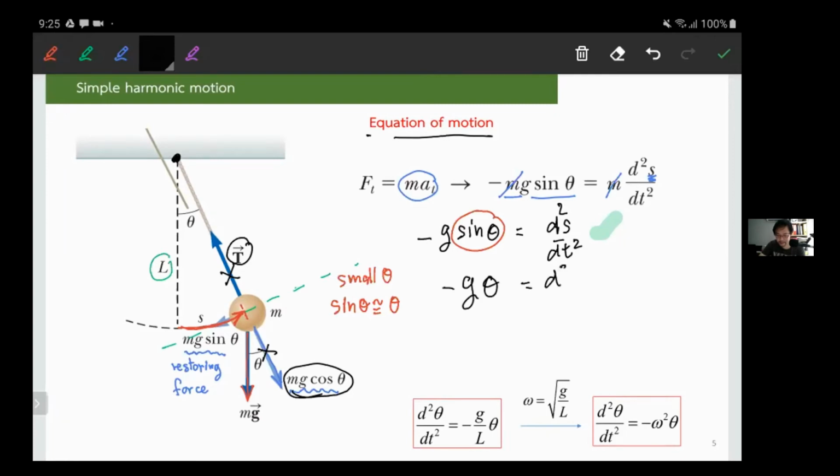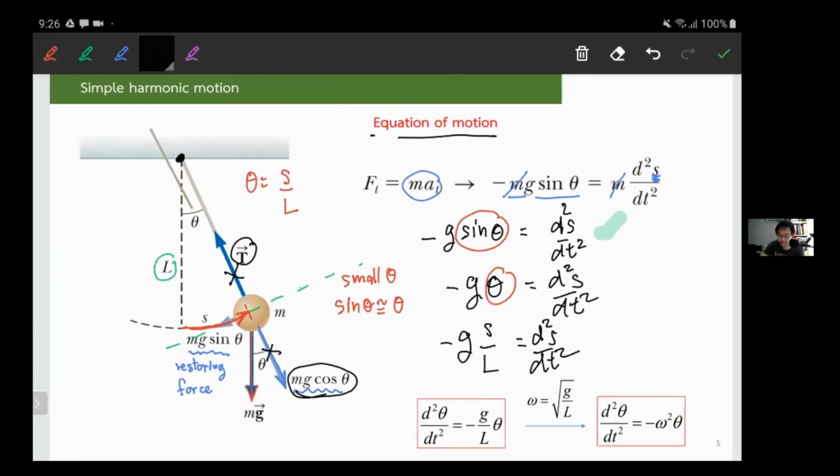Once you approximate sine theta to theta, everyone remembers the relationship between theta and the arc length subtending that angle. With me, guys? The angle is just the arc length divided by the radius. So I can once again rewrite that equation as minus g s over L equal to, very nice. That's the point I want to make here.